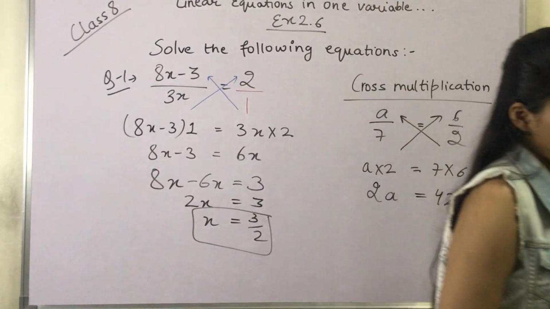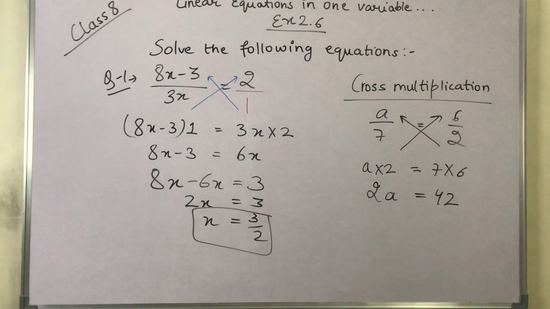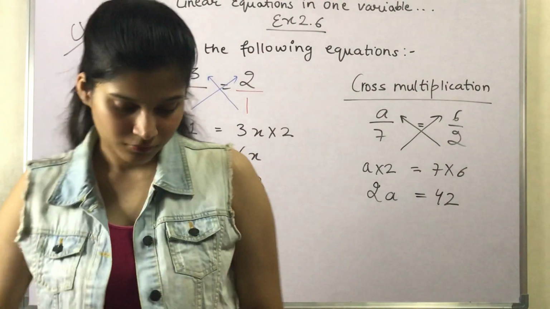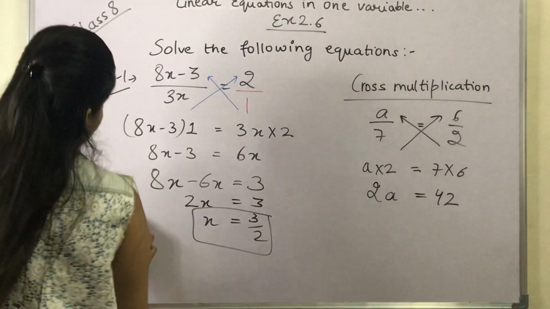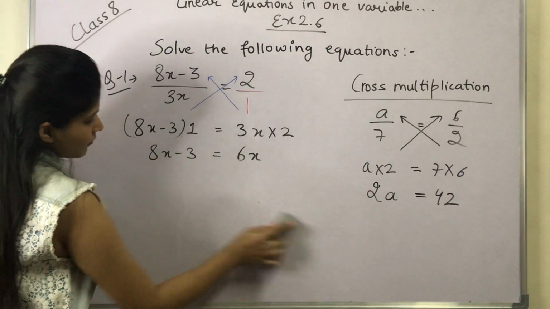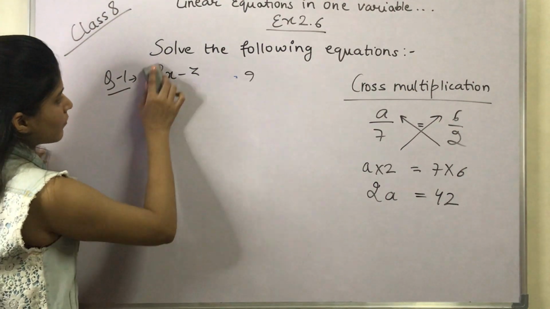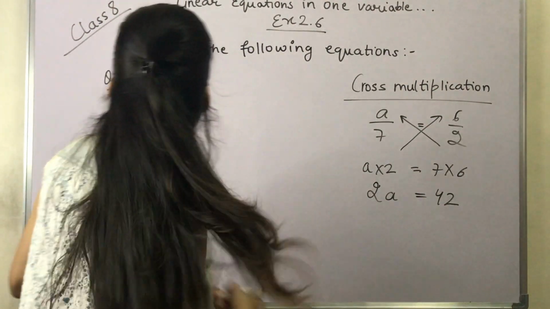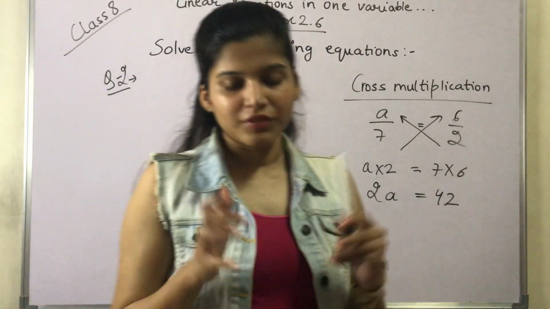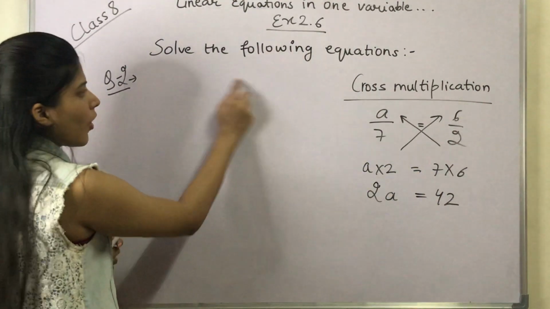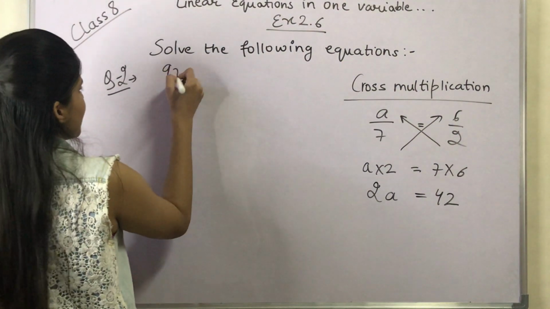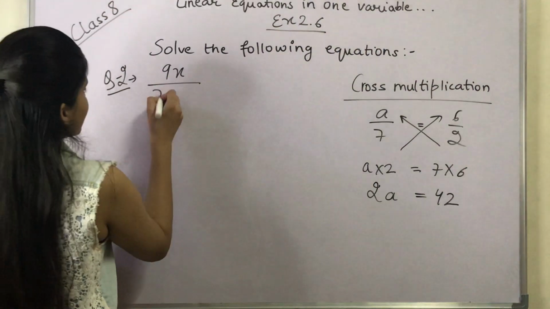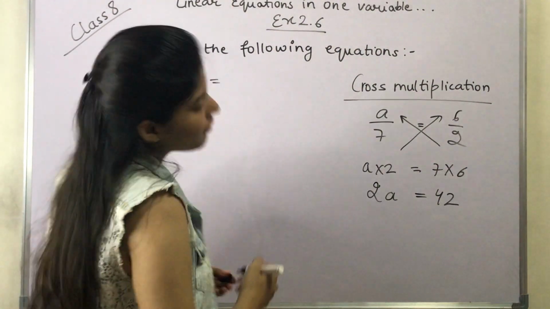Now let's come to the next question. Now children, question number 2 of this same exercise is again saying solve the following equations, and the equation is (9x upon 7 minus 6x) equals 15.